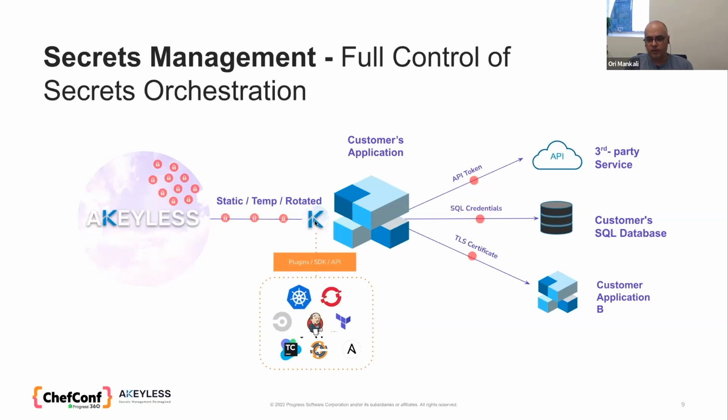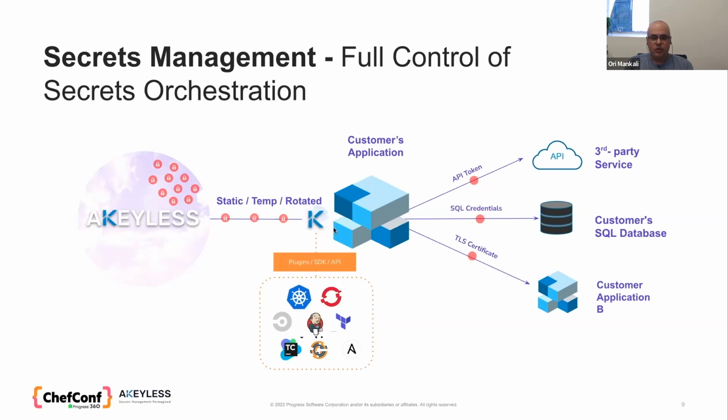that allows this application, based on trusted identity, to be authenticated and authorized to the centralized secrets management platform in order to retrieve an encrypted secret, either a static secret, a temporary or just-in-time secret, or a rotated secret. And as you can see, this secret is coming to the application while it's encrypted at the application level.